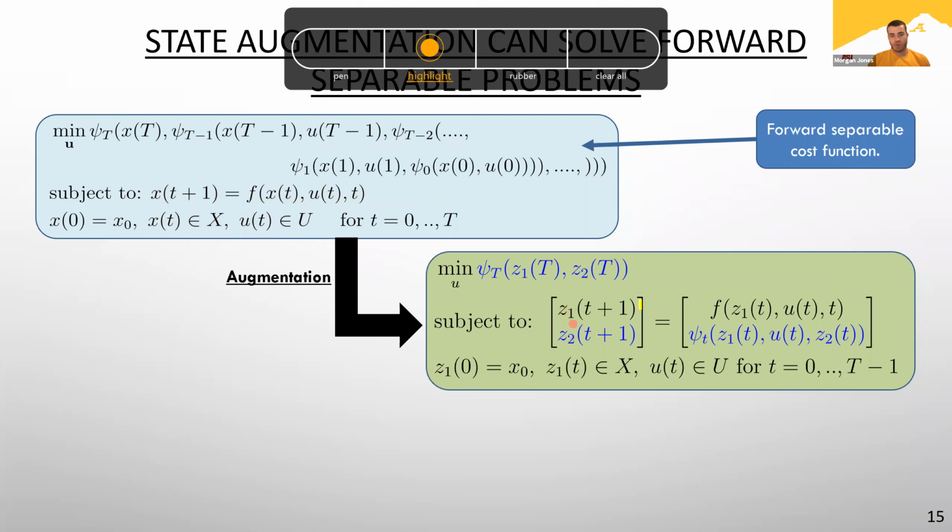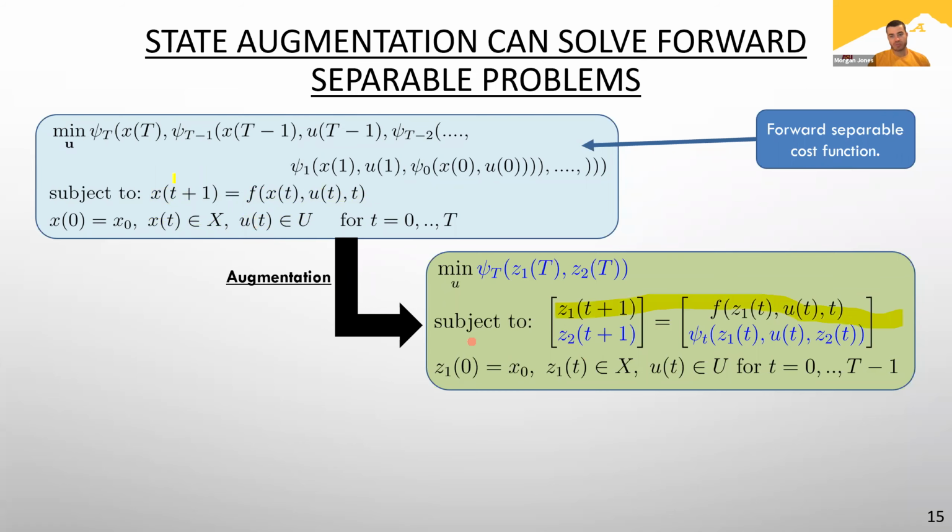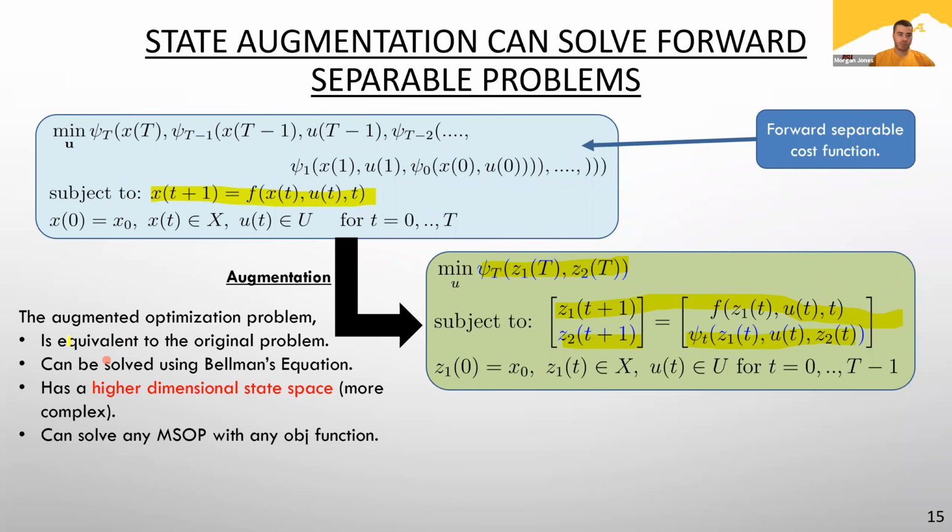Z1 corresponds to the original state dynamics, the base x_{t+1} = f(x_t). But Z2, the extended dynamics, depends on the objective function that involves these psi's, and also the objective function changes in the augmented problem. And now this only depends on the state space at the terminal time. So we can show that these two problems are equivalent.